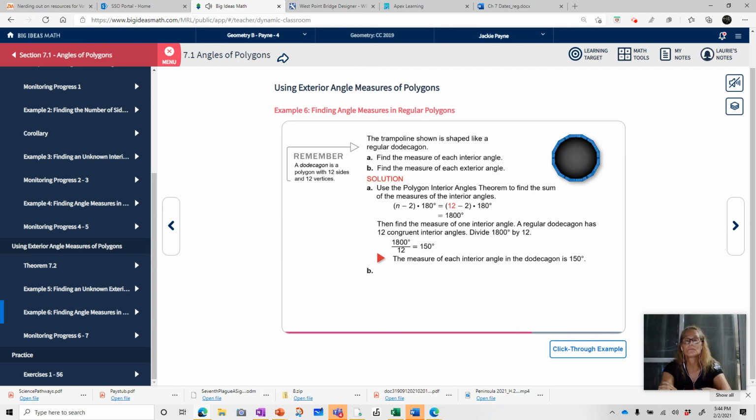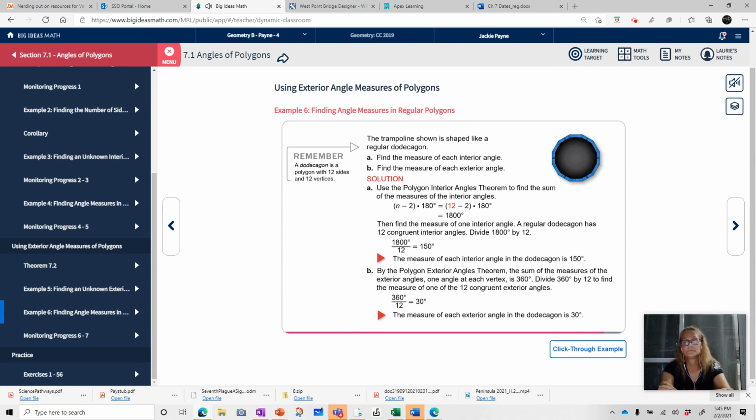Part B. By the Polygon Exterior Angles Theorem, the sum of the measures of the exterior angles, one angle at each vertex, is 360 degrees. Divide 360 degrees by 12 to find the measure of one of the 12 congruent exterior angles. 360 degrees divided by 12 equals 30 degrees. So, the measure of each exterior angle in the dodecagon is 30 degrees.